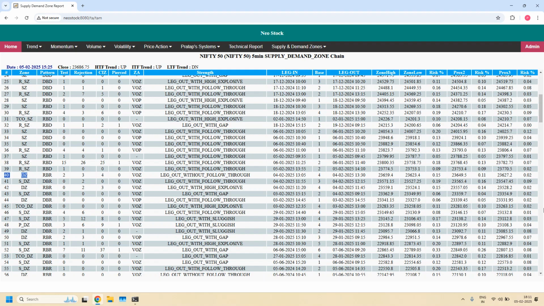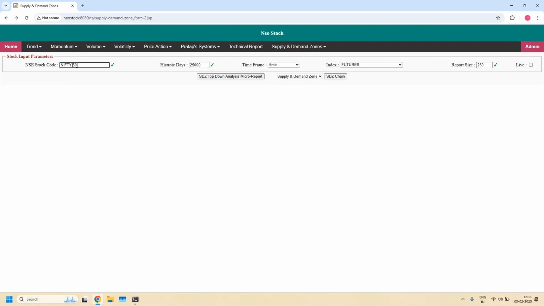Next, we will generate Bank Nifty supply demand zone chain. That is nothing but Nifty Bank. So monthly supply demand zone chain for Bank Nifty.